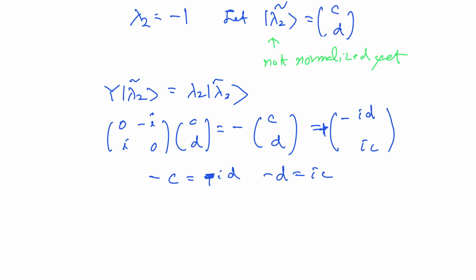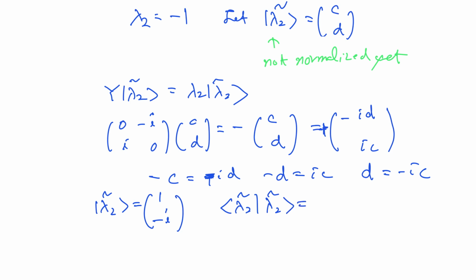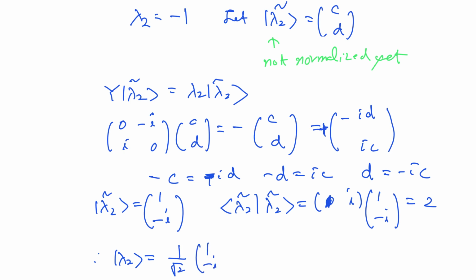Minus D is IC. So D must be minus IC. So lambda 2 tilde can be written as (1, minus I). We can normalize this: (1, I) times (1, minus I) is equal to 2. So lambda 2 is 1 over square root of 2 times (1, minus I).